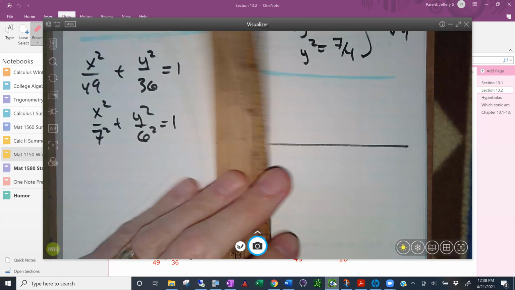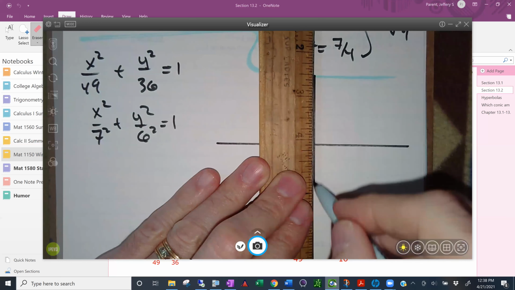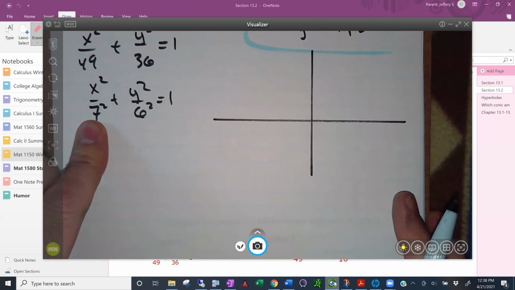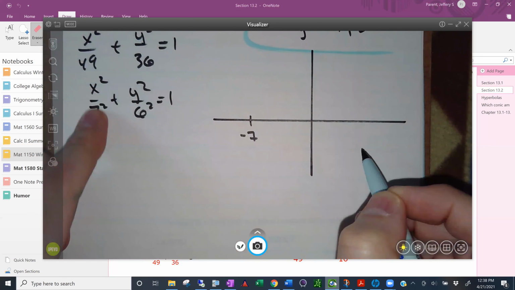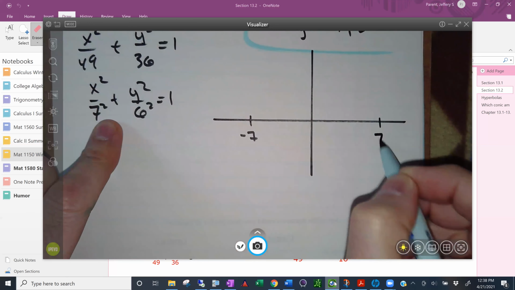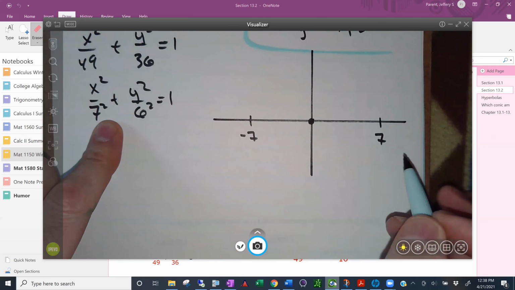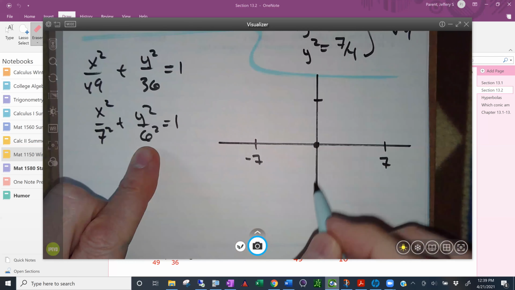Now the center on this one is 0, 0. What you're going to do in graphing this is move this distance away from the center in the x direction. So 7 to the left, 7 to the right. So moving a distance of 7 away from the center in either direction, and then up 6 and down 6.